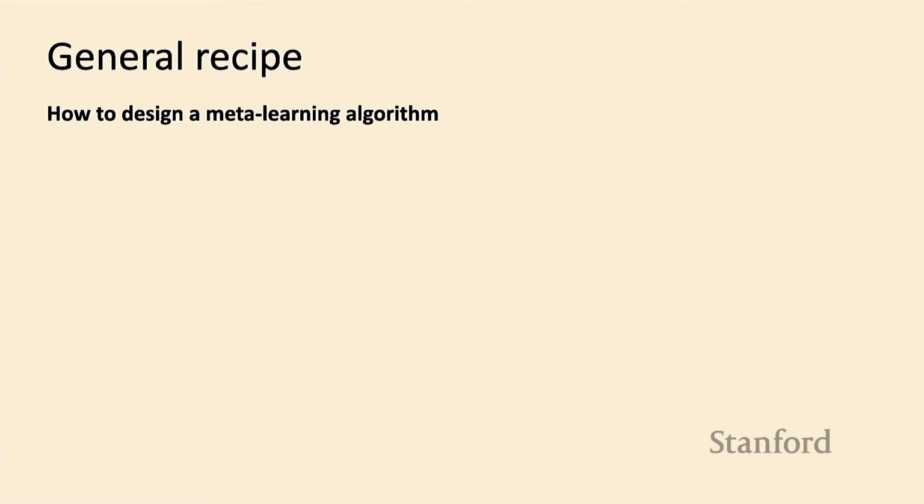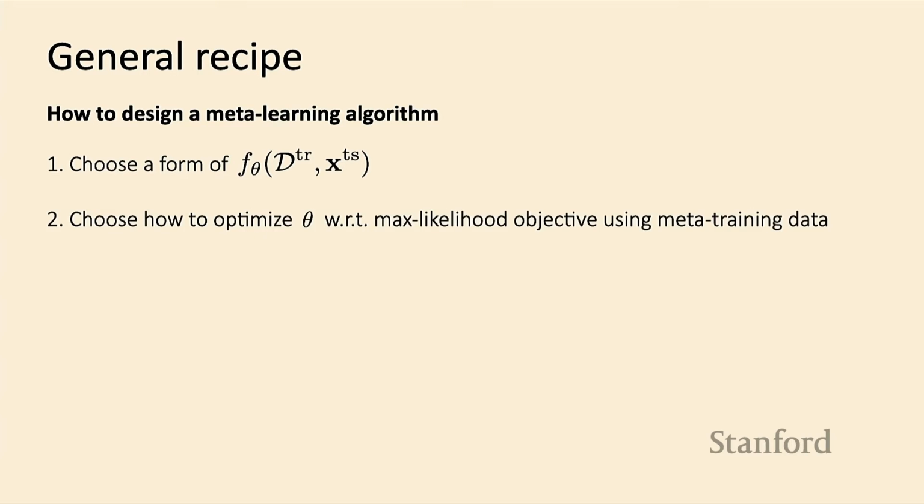The general recipe for designing a meta-learning algorithm is choosing a form of this function. In this lecture, we'll see a form where it's just represented by a neural network, but in later lectures we'll see other forms where f could correspond to running gradient descent, or to an algorithm like nearest neighbors. And then once we have that function, we're going to optimize its free parameters, which we'll refer to as the meta parameters, using the meta training data.